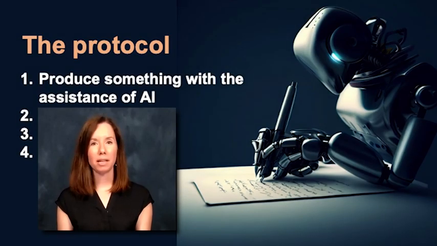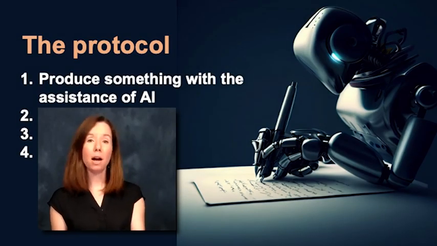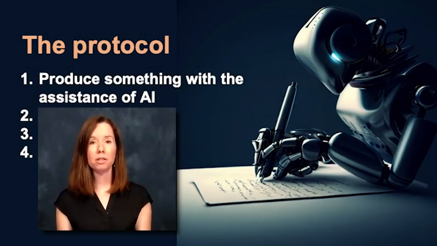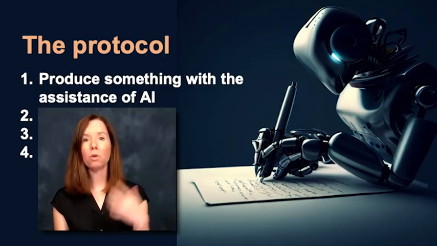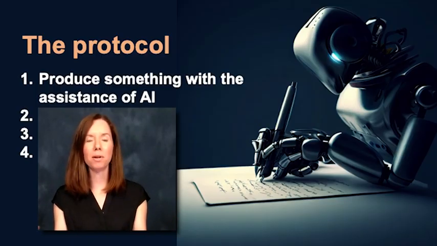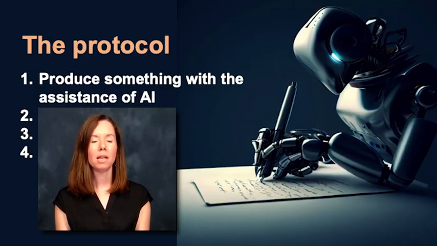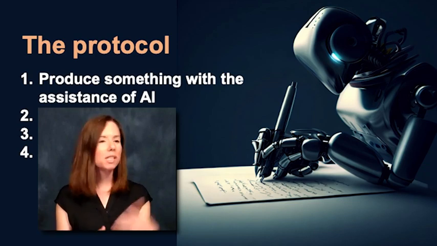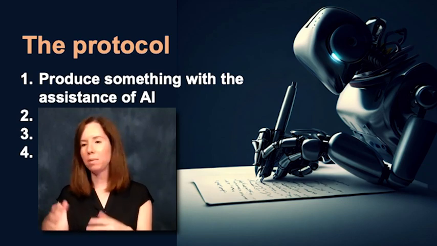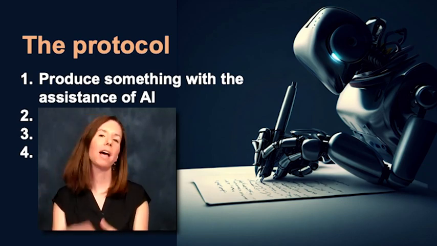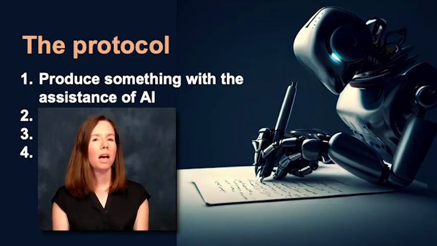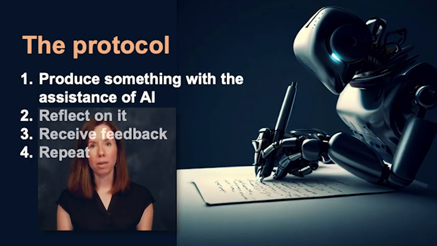So the way that I'm integrating it into my classes is to first allow students to use artificial intelligence tools when they write or when they compose a multimodal, multimedia project. What that is depends on the course. It might be a research paper, it might be a social media artifact, it might be a video, but they produce it and they use AI to help them.